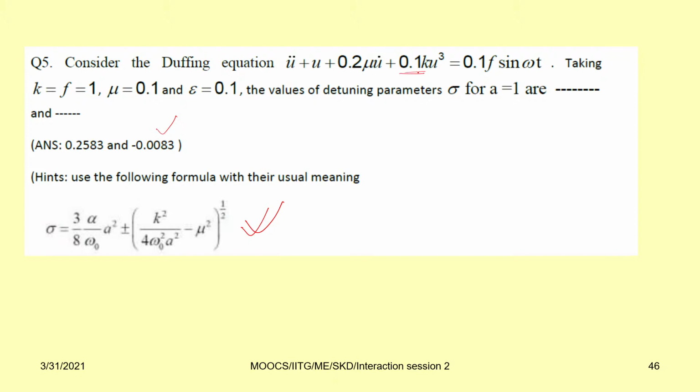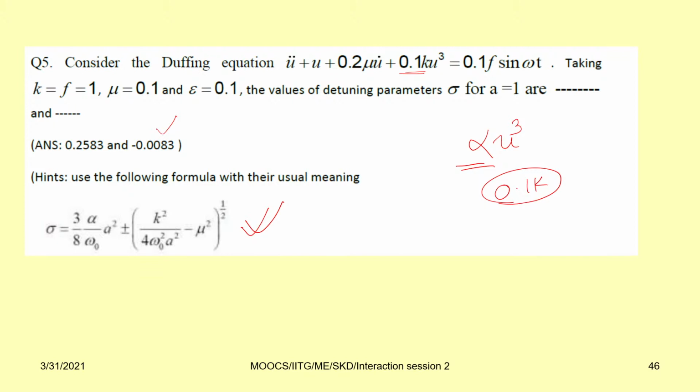You just see what you are using alpha for, it depends on that. If you are writing alpha as the coefficient of u cube, then in this case this is equal to 0.1 k. So this is equal to alpha and this 0.1 is there, and k is given to be 1, so alpha equal to 0.1.